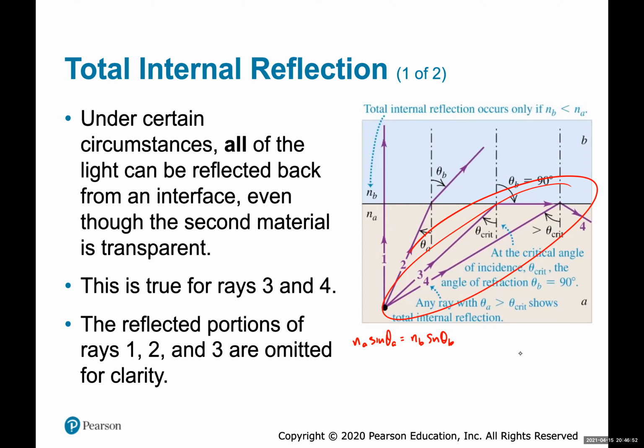We are interested in the angle of the refracted ray in medium B, so we isolate that variable and ask for the inverse sine of the result. NA over NB sine theta A, inverse sine of that equals theta B. No, not a problem.